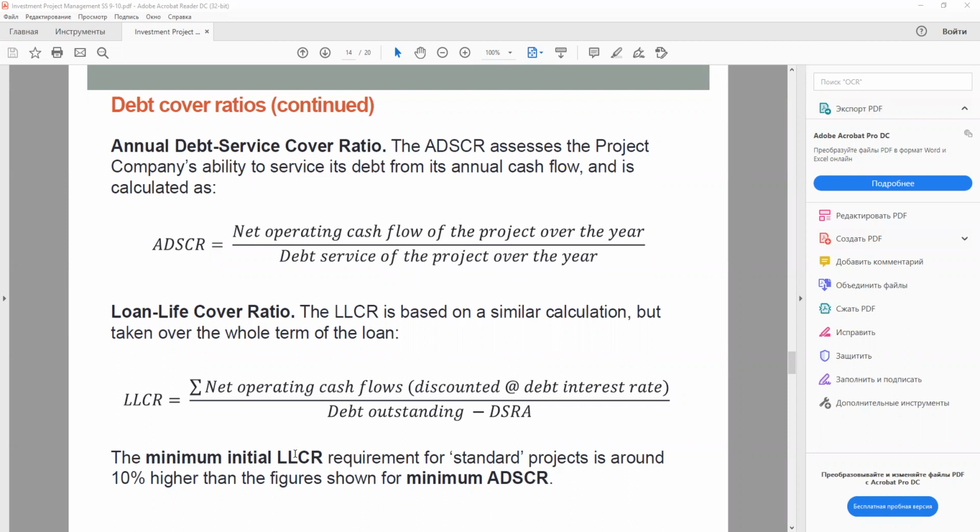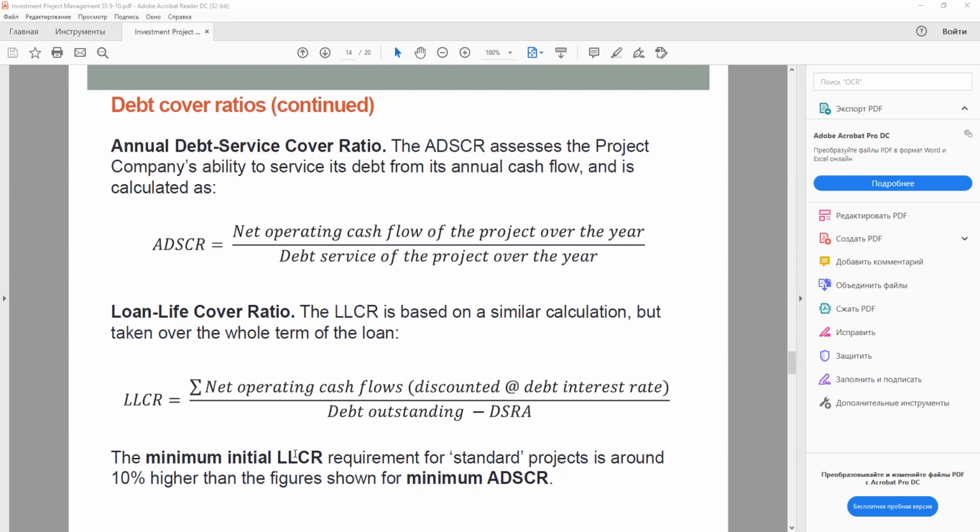Therefore, average ADSCR is sometimes given more weight by lenders than LLCR as a long-term measure of coverage. If so, the minimum requirements are likely to be similar to those for LLCR.